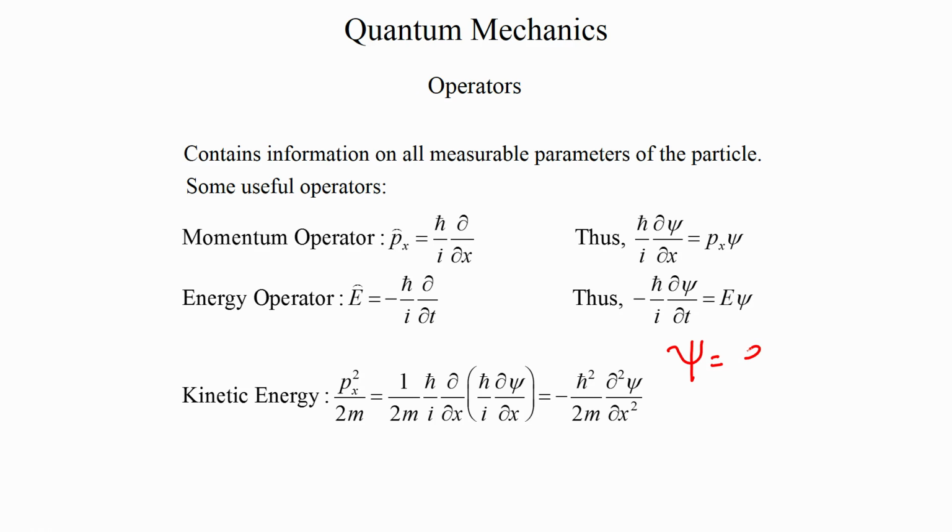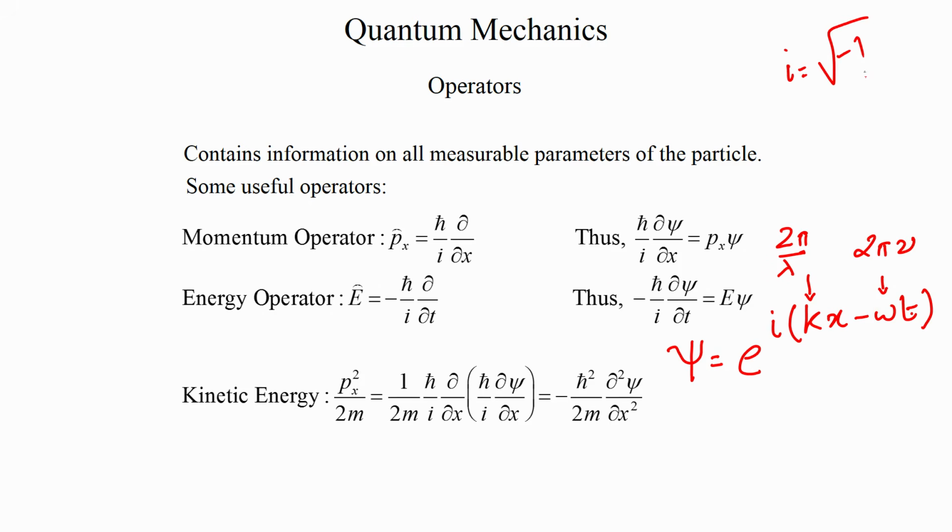Let's say it is e to the power i(kx minus omega t), where omega is the angular frequency, k is my wave vector, so this is 2 pi by lambda, this is 2 pi into nu, where nu is the frequency in hertz, t is time, and x is the distance, and i is basically the square root of minus 1. So wherever you see i, it's simply your complex number. So let's assume this is my wave function.